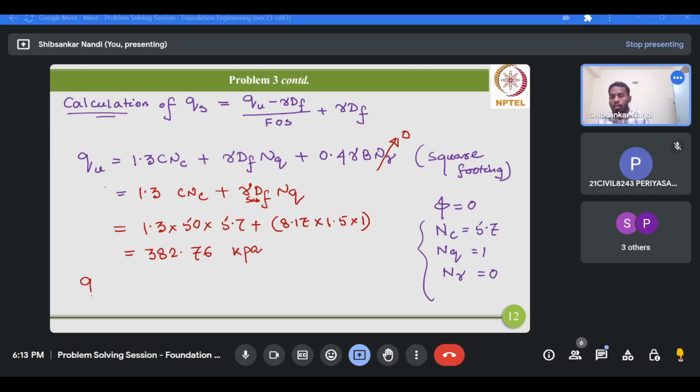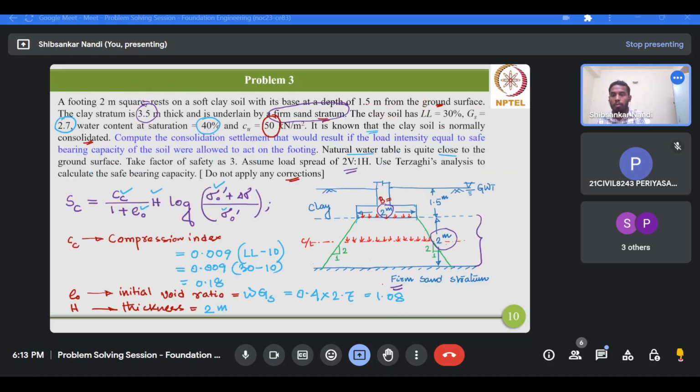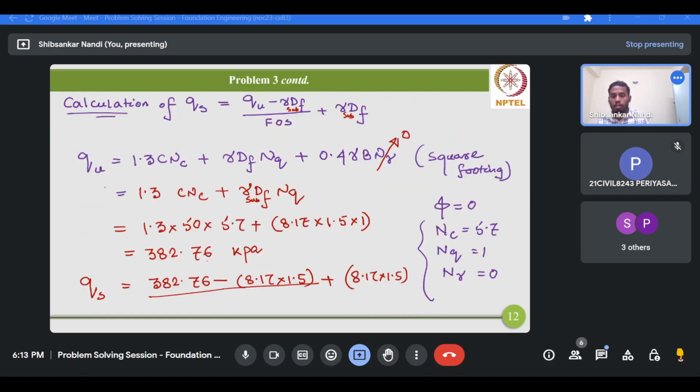So QS would be 382.76 minus, for this problem, gamma sub, this is 8.17 times 1.5, divided by the factor of safety. Now, what is the factor of safety mentioned in this problem? So this is 3. So the final answer, sorry, not the final answer.